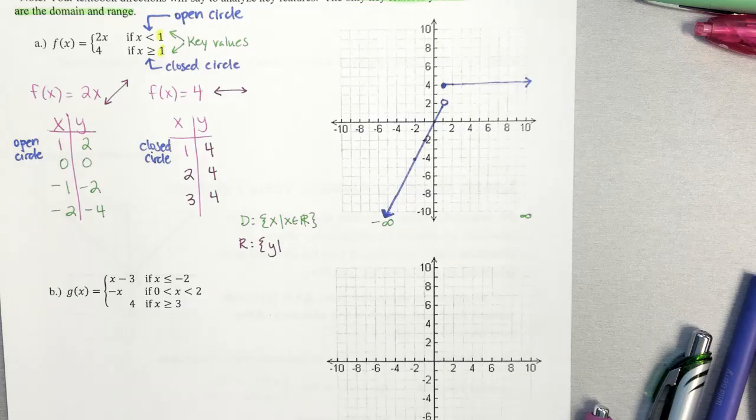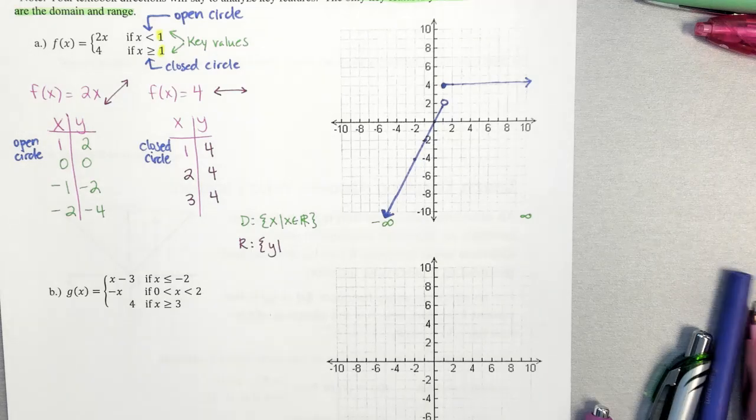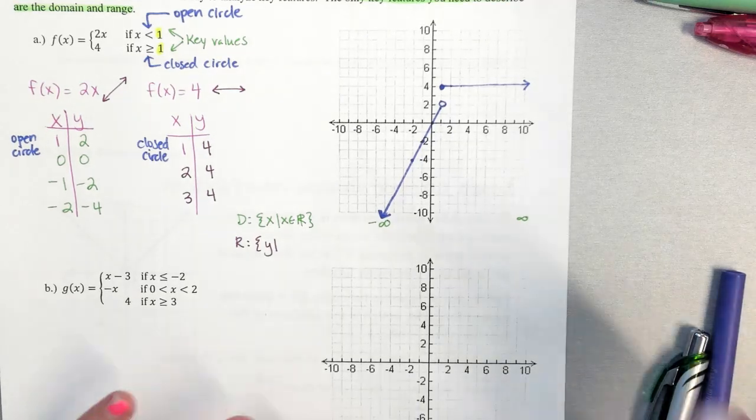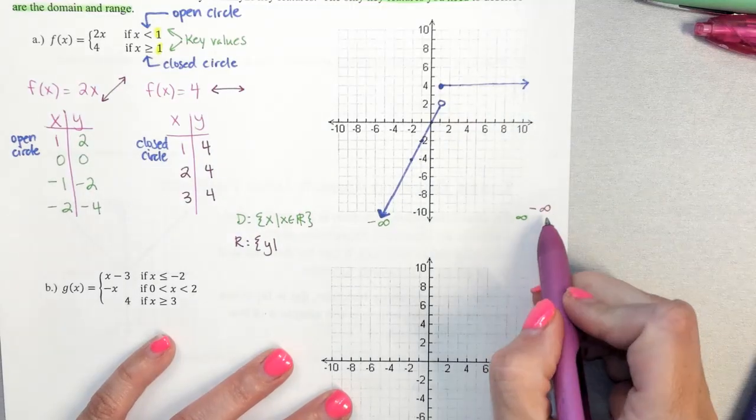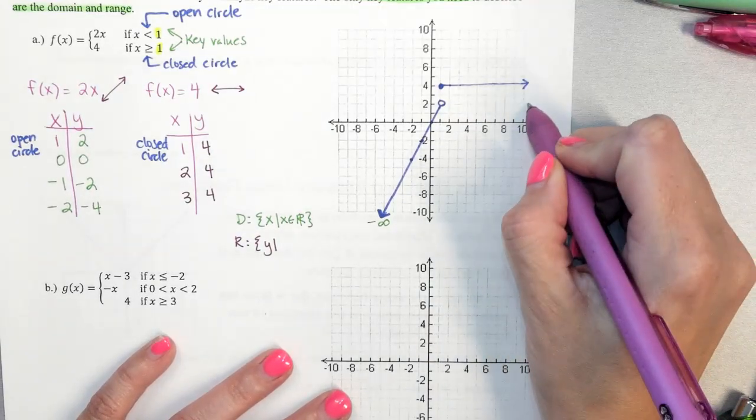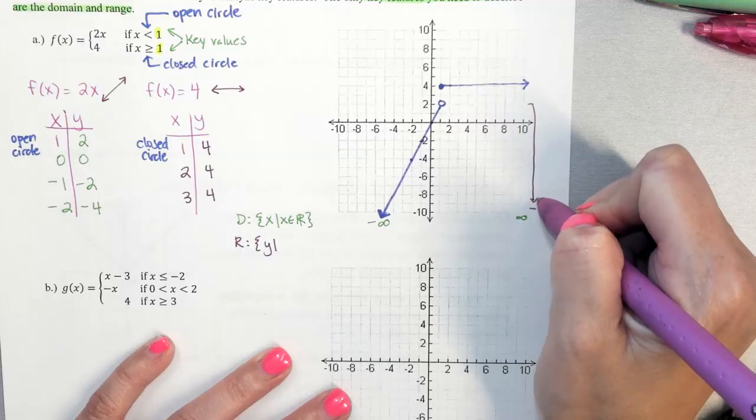So your lowest value, and remember, you always start with your lowest value, and I write it here because it's up and down, is negative infinity, and it goes all the way up to this point, right?